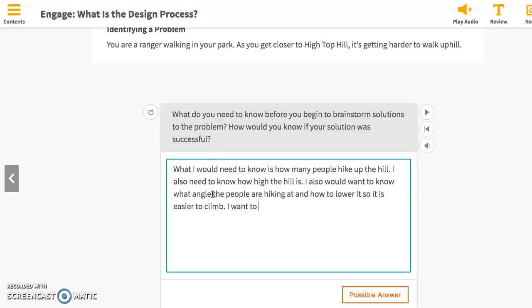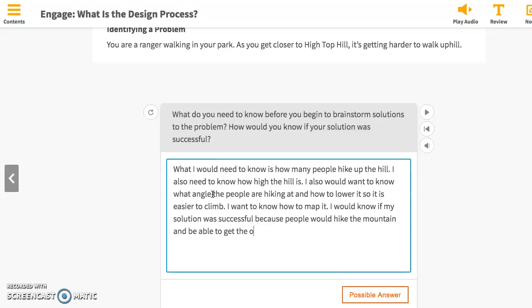I want to know how to map it. I would know if my solution was successful because people would hike the mountain and be able to get to the top with only a little effort.